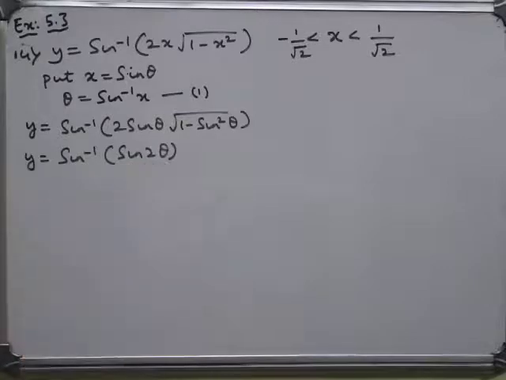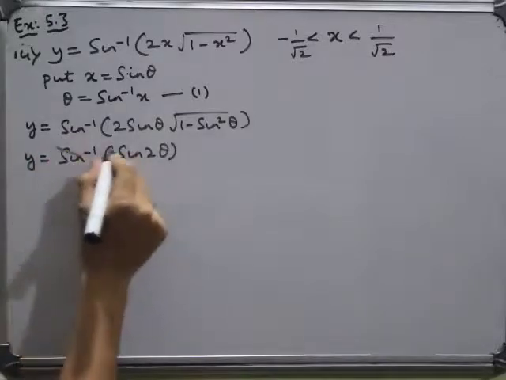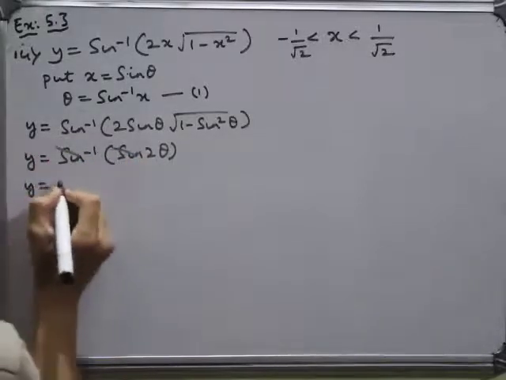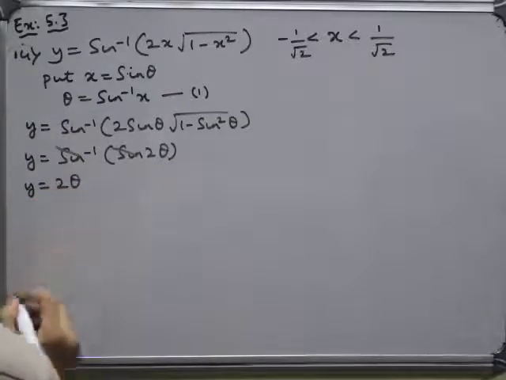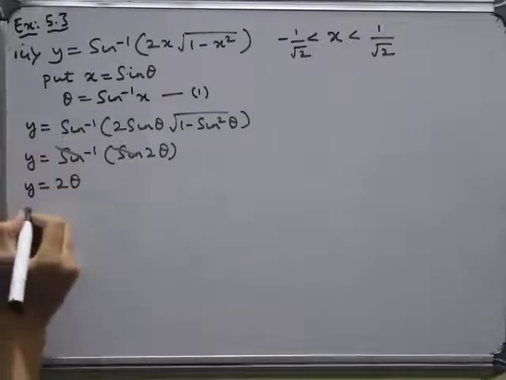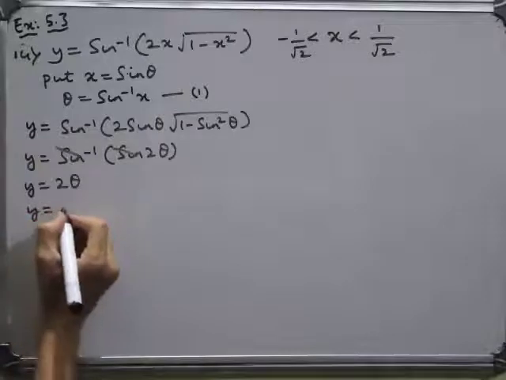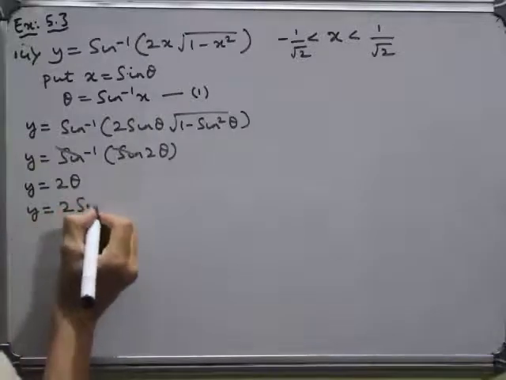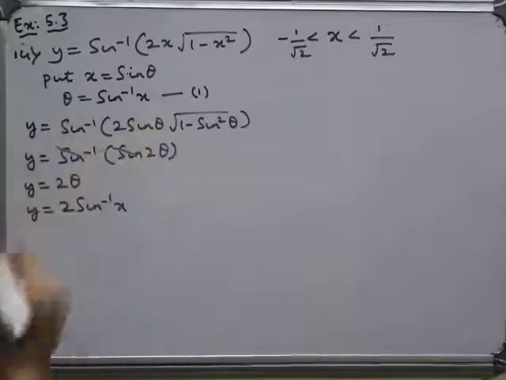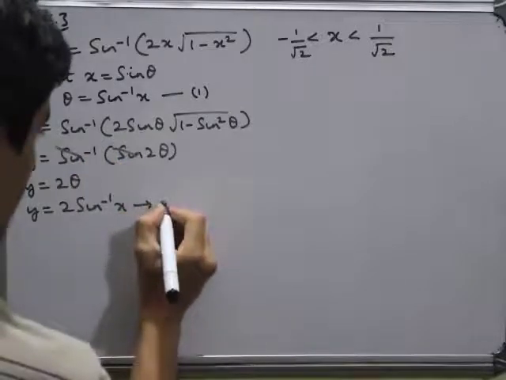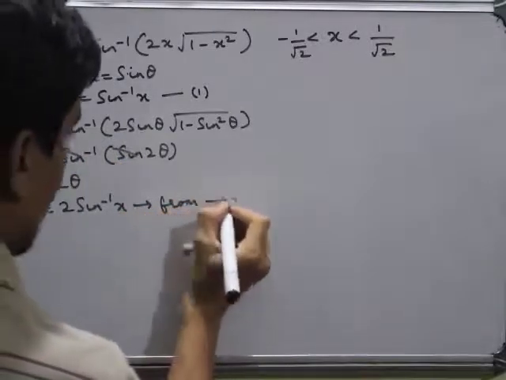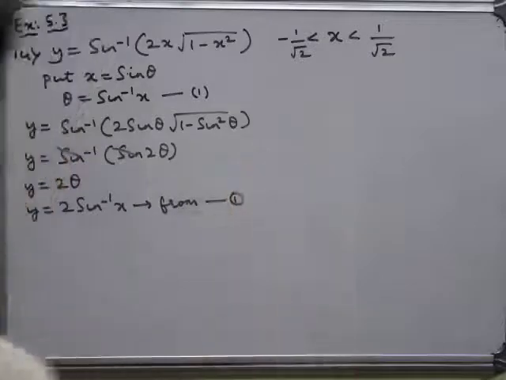So cancel these two, and we get y is equal to 2 theta, or we can write y is equal to 2 sine inverse x, because theta is sine inverse x. This is from equation number 1.